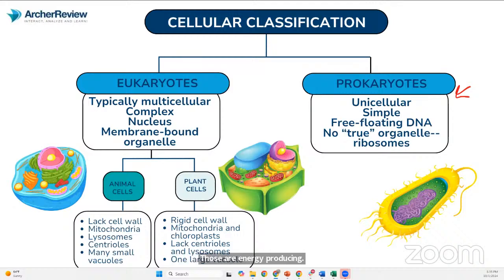And plants are lucky enough to have chloroplasts as well, which convert sun energy into a usable form. Our cells have lysosomes and centrioles, whereas plant cells do not. And then our cells have lots of small vacuoles, and plant cells have one large vacuole for water storage and other storage items.